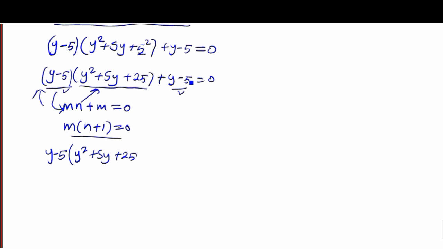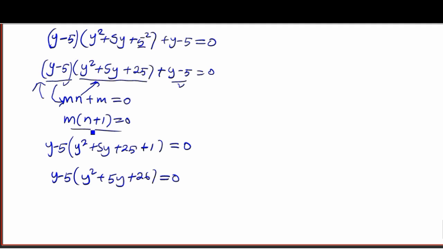You are going to add plus 1, and this one equals to 0. Because y minus 5 into y minus 5, it is going there once. Now y minus 5 into y squared plus 5y plus 25 plus 1 is 26 is equal to 0.